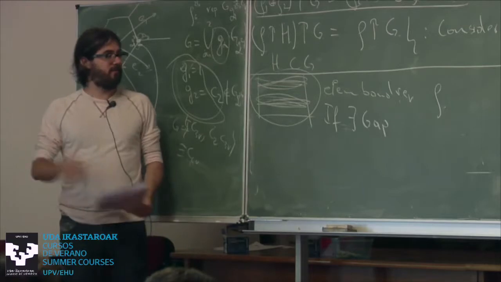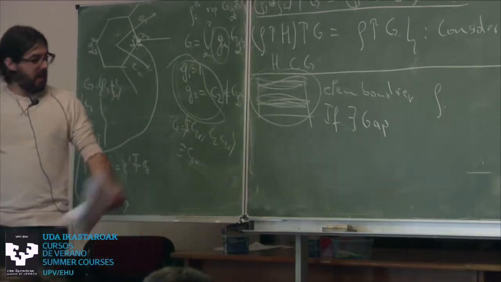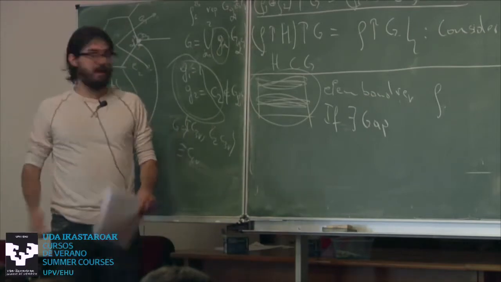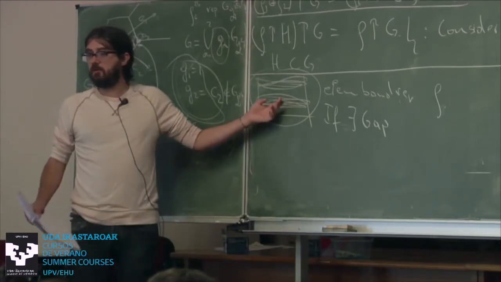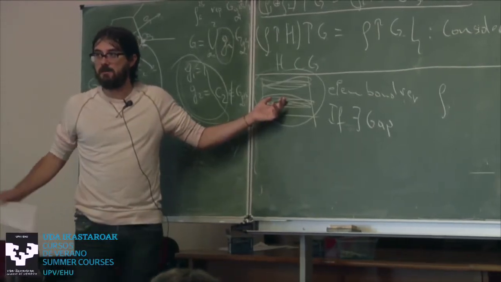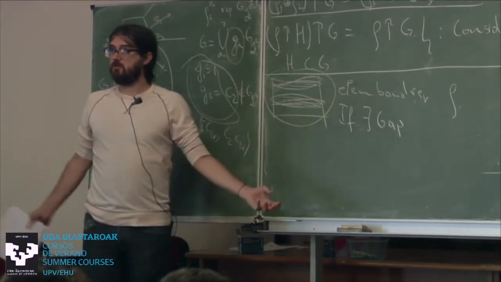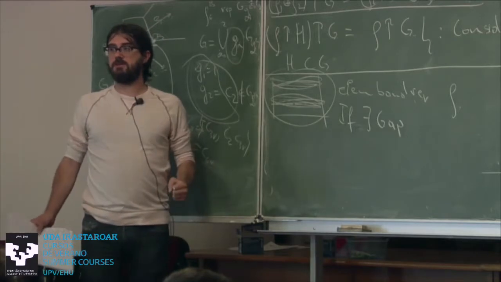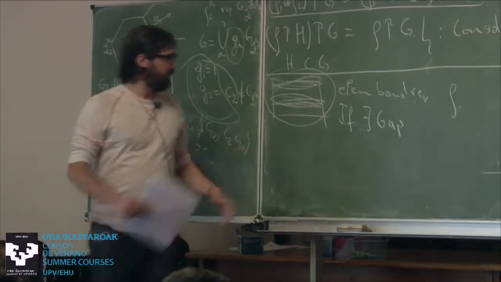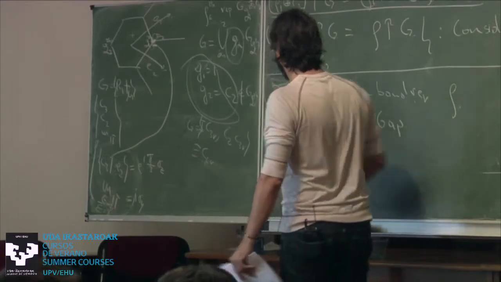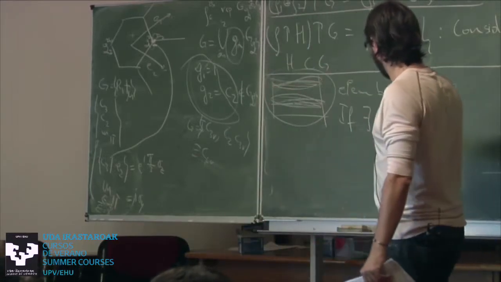But if it has a gap, and I can write a local Hamiltonian into these bands, then it means that these bands were also induced from some representation of a site symmetry group of some local orbitals. Because I said that a set of bands can be induced from local representations of orbitals.